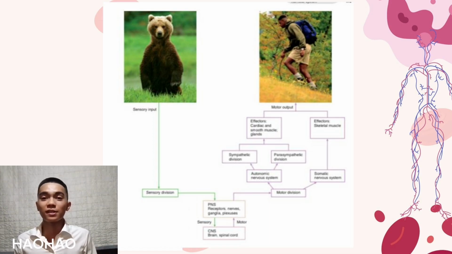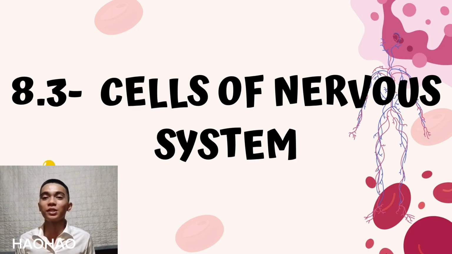The central nervous system processes it and sends signals through the motor divisions to control muscles and body responses. The somatic system makes you run, while the autonomic system speeds up your heartbeat and later calms you down. So let's proceed to the neurons of the nervous system.